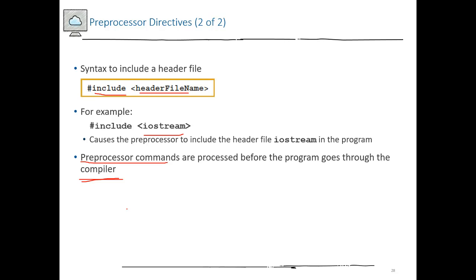Okay, so what is that? Remember the input and output, cin and cout, that we talked about. In order for cin and cout to work, you need to have this, and then you also need to use the standard namespace, right?